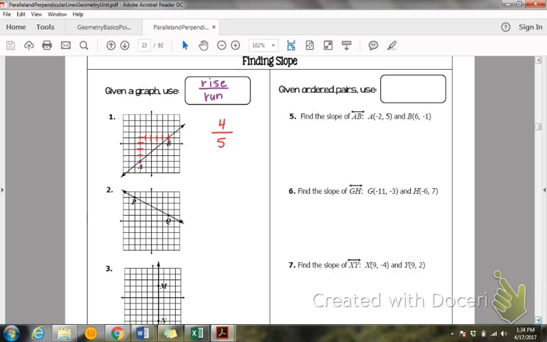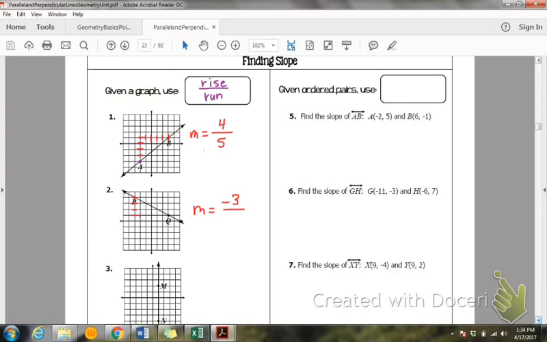The run goes on the bottom. What letter do we use to represent slope? Not X and Y. M. M is used to represent slope, so you want to make sure that you say that M equals 4 over 5. Okay, what about number 2? If we start at P, and I go down 1, 2, 3, so I went down 3, so that's going to be a negative 3.